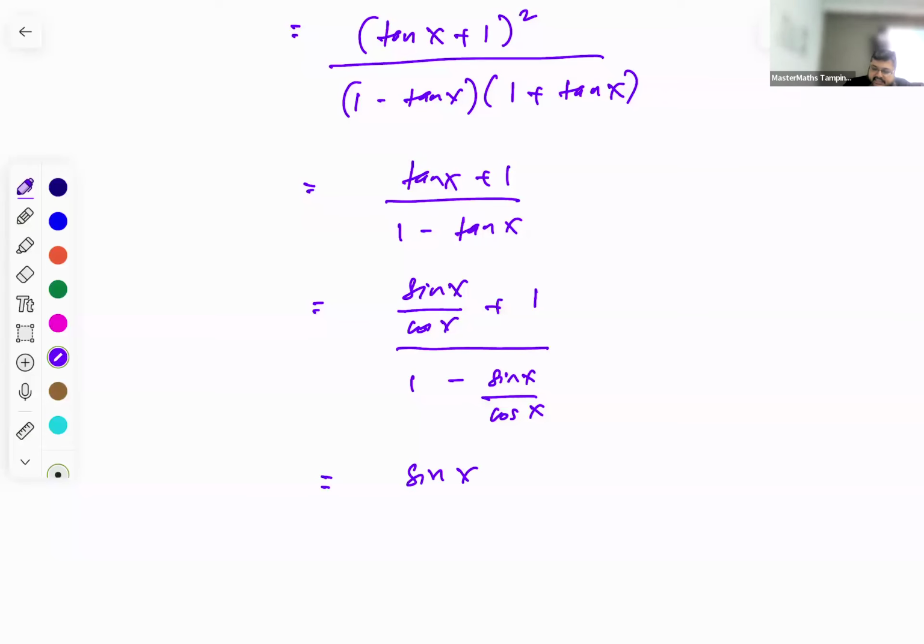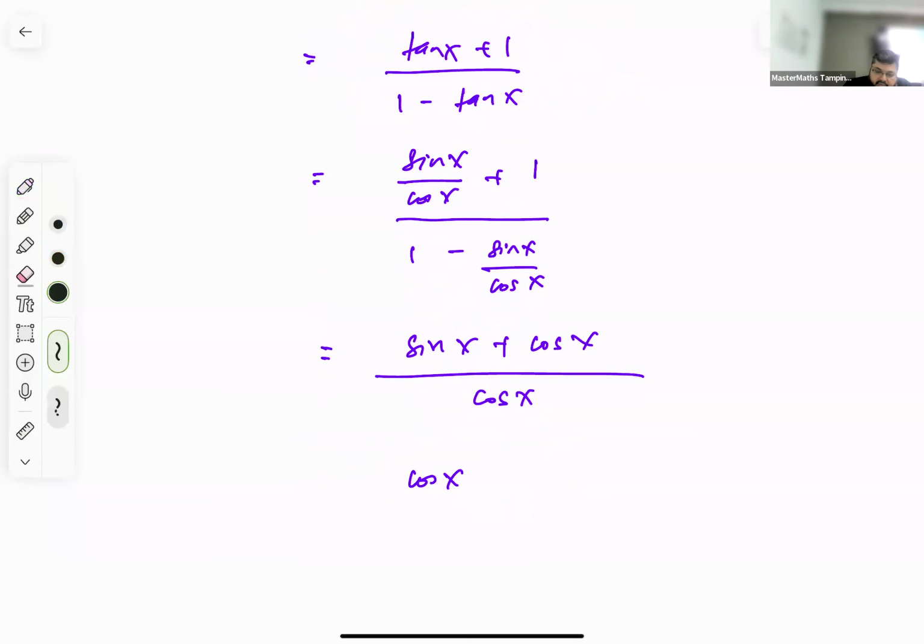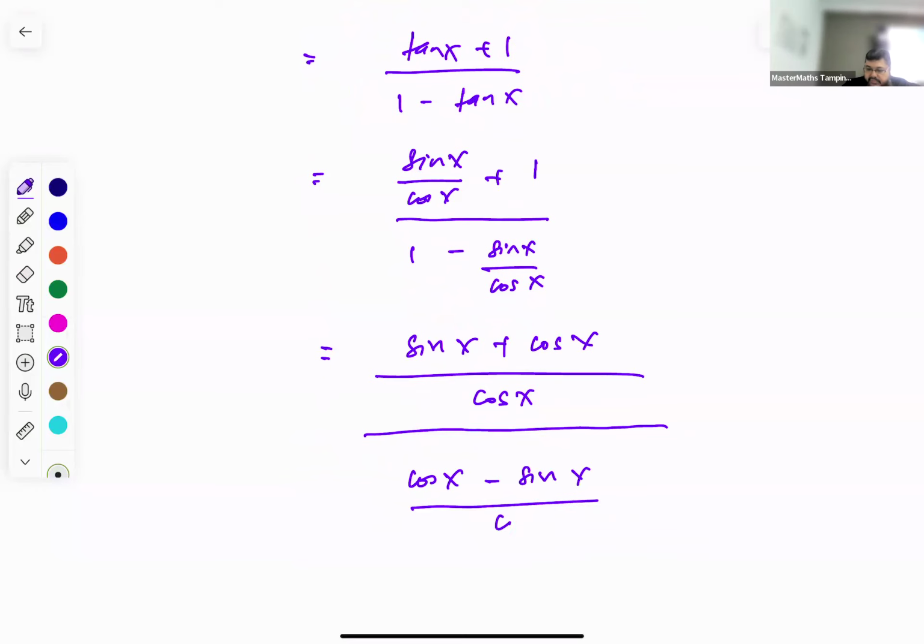So you have sine x plus cos x over cos x, the whole thing over cos x minus sine x over cos x.